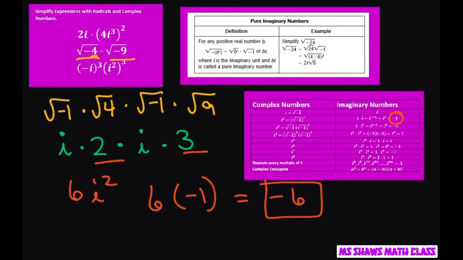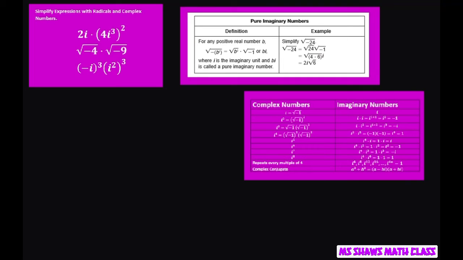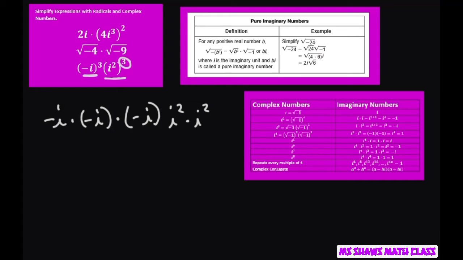And for the last one, we can write this out as negative i times negative i. And this one, we're going to write this out 3 times: i squared times i squared times i squared.